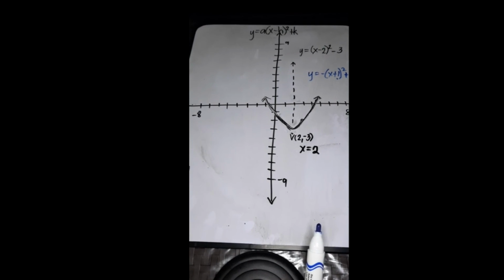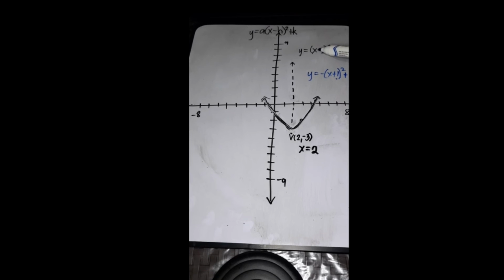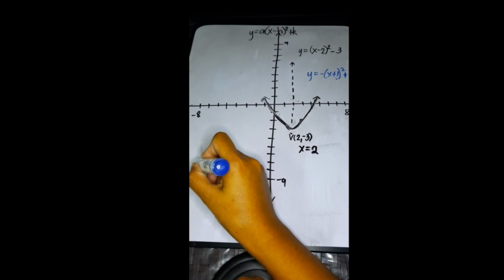So, pag hindi nyo pinalitan ng sign yan, ibig sabihin yung h ninyo is positive, like this one. Negative times positive 2 is negative 2, so minus 2 pa rin dyan. Pero pag yung h nyo is negative, so negative times negative is positive. So, ito yung result, x plus 1. So, ang k natin is positive 2.